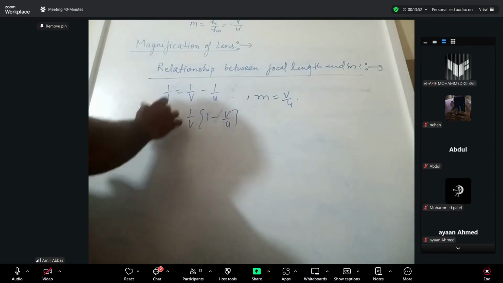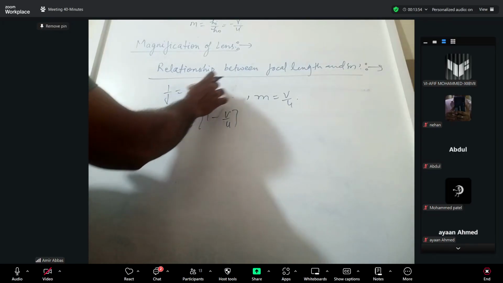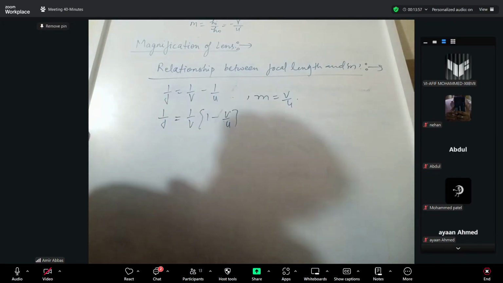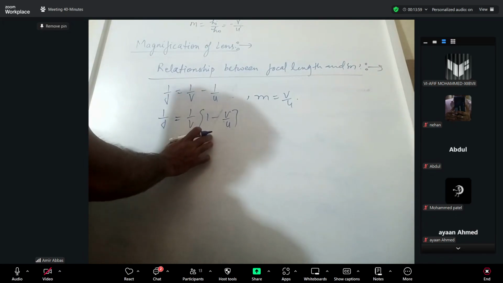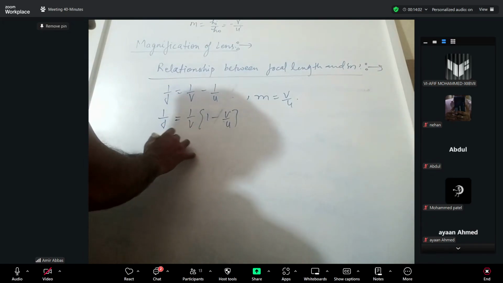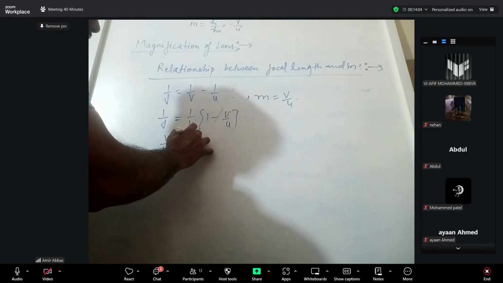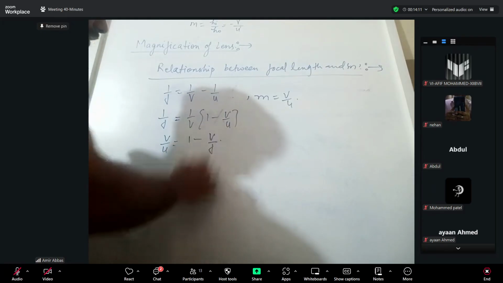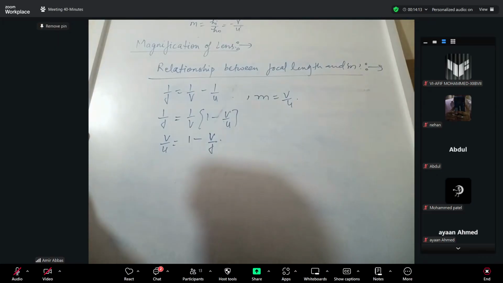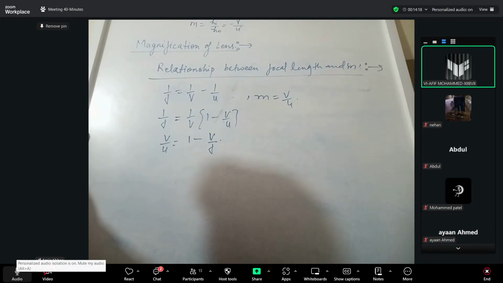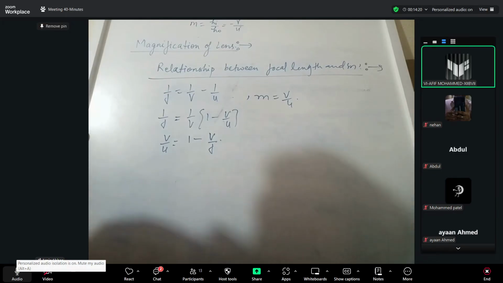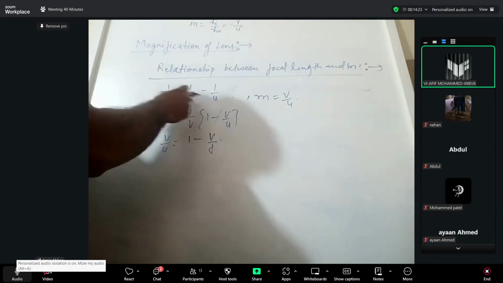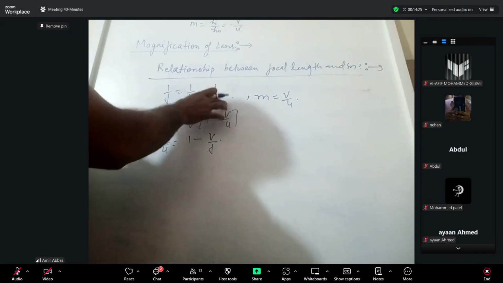Okay, we have taken 1 by V common from here. Then V over U can be written as 1 minus V over F. We have taken 1 over V common from these two terms.